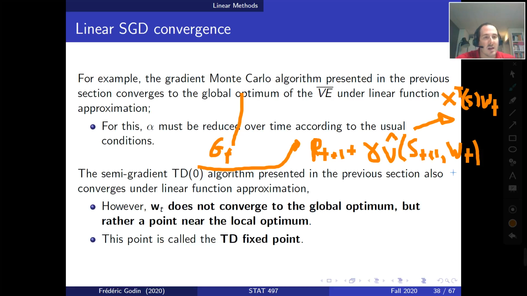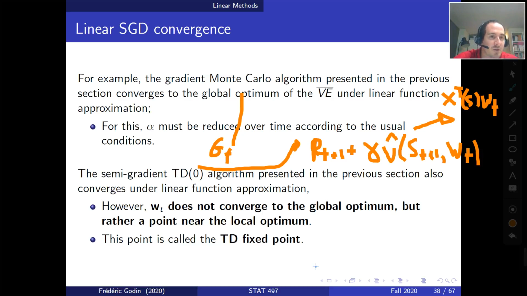So in that case, we cannot guarantee that the semi-gradient descent will converge to the true value function, but there exist convergence results which show that the parameters under this algorithm will converge to what we call the TD fixed point, which is not the global optimum itself, but rather a point that is close to the global optimum.